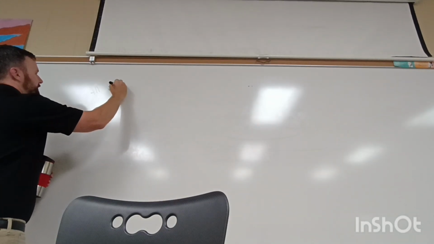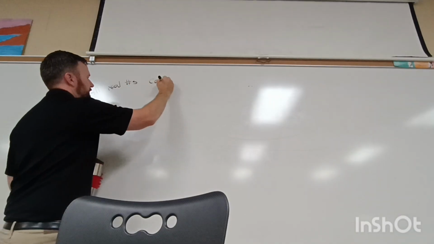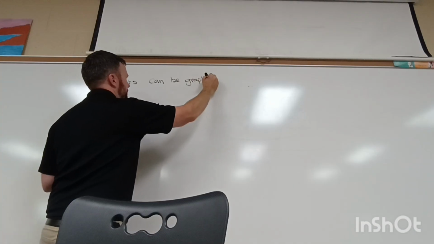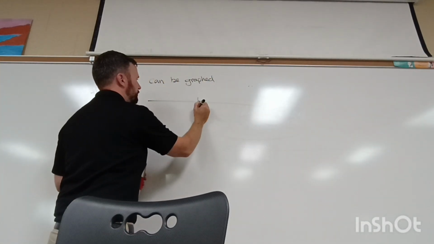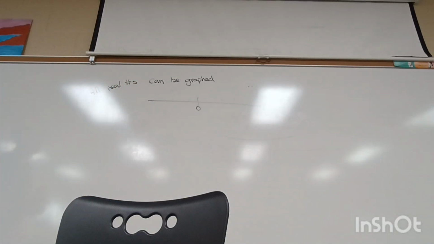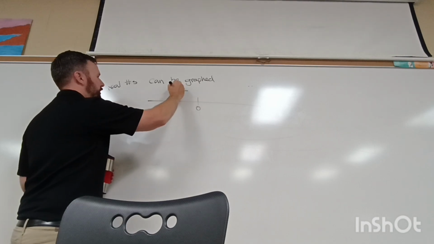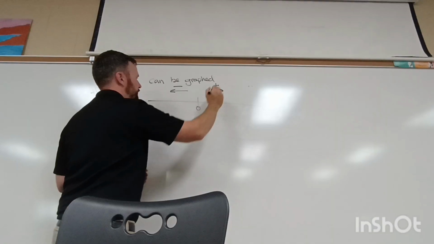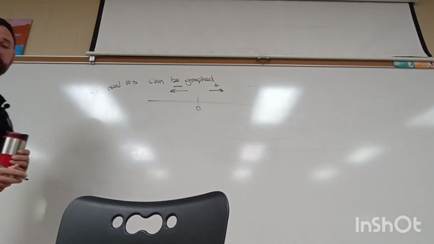All real numbers can be graphed, right? What I mean by that is if I make a number line, they will exist somewhere on the number line. I completely forgot. I do have to teach you guys number line. Anything to the left, I'm going in the negative direction. As I go to the right, I'm going in the positive direction, right? Right is positive, left is negative.